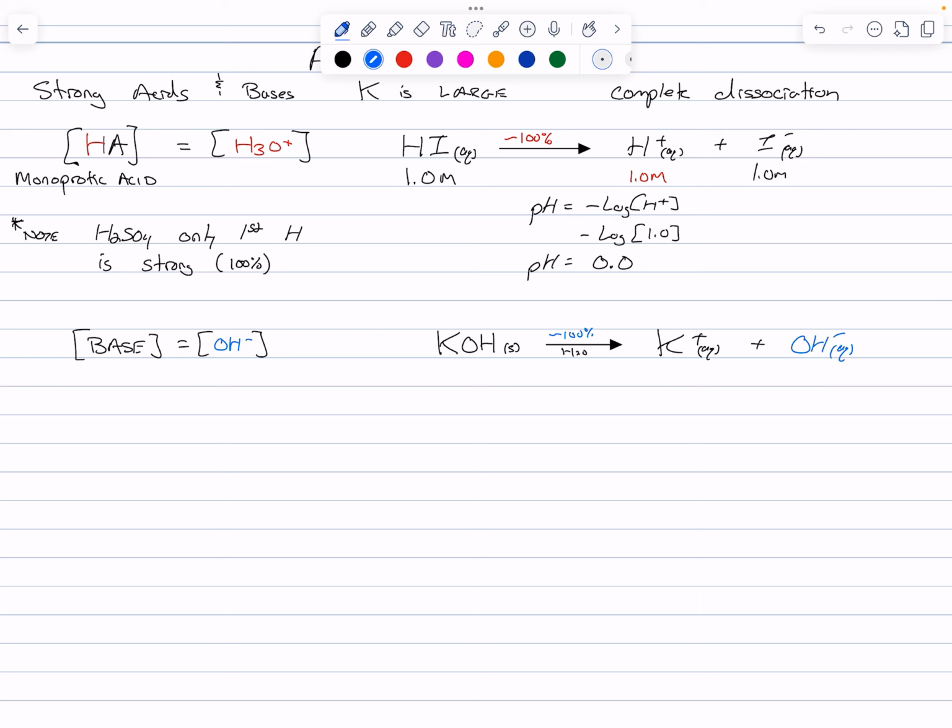So if we start off with 0.10 molar, we get 0.10 molar K plus, which we don't care about. We get 0.10 molar hydroxide.